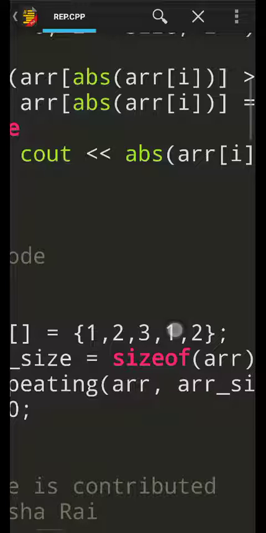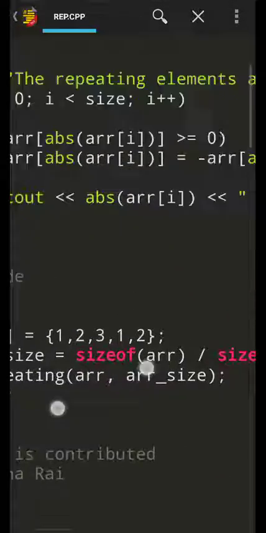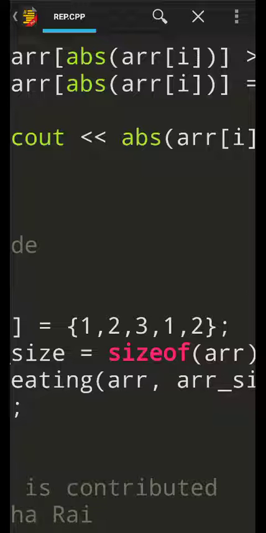because its first occurrence has caused this, both of these elements 1 point to this 2 here. So it's very interesting, but this algorithm is just interesting.